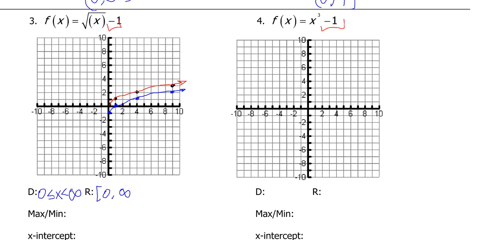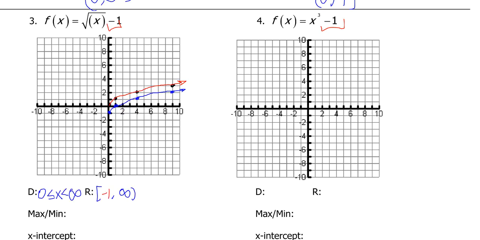That's the original function. Now, this one changed and is altered just a little bit, because it actually starts down here at -1. So we got -1 to infinity as far as the range goes.